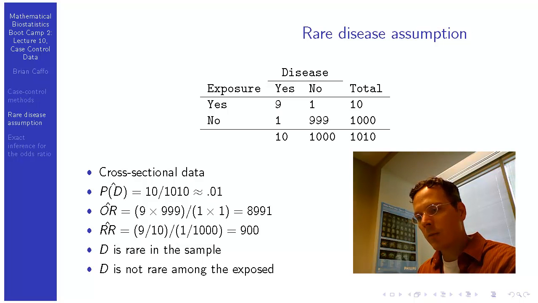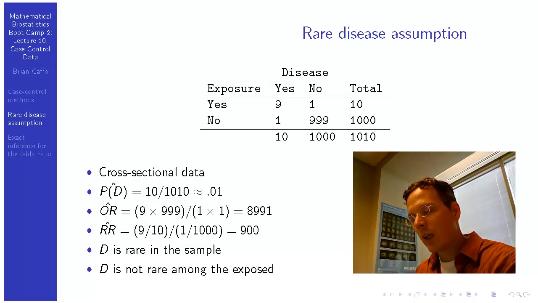So clearly the odds ratio is not estimating the relative risk. And in this case, because of the sampling, I'm assuming the two are directly estimable from the data. So in this case, what happens is D is rare overall, right?